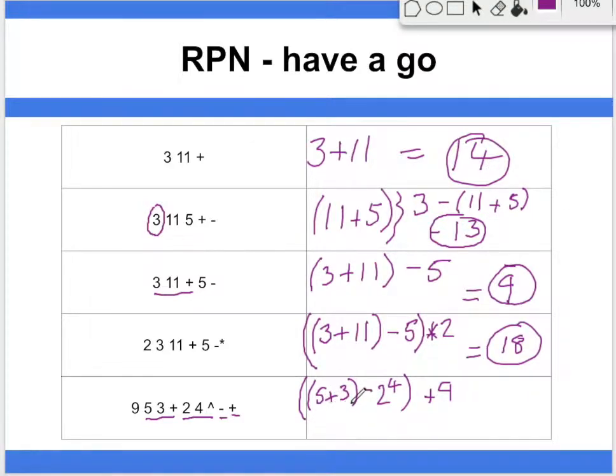So we're going to have 8 here. 2 to the power 4 is going to be 16. So 8 minus 16 is obviously going to be minus 8. Then add 9 to it is going to give us an answer of 1.